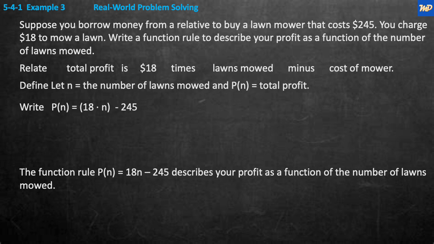So let's relate the total profit right here. Total profit, which is P of n, is equal to, and now I'm going to pick green, $18 per lawn.